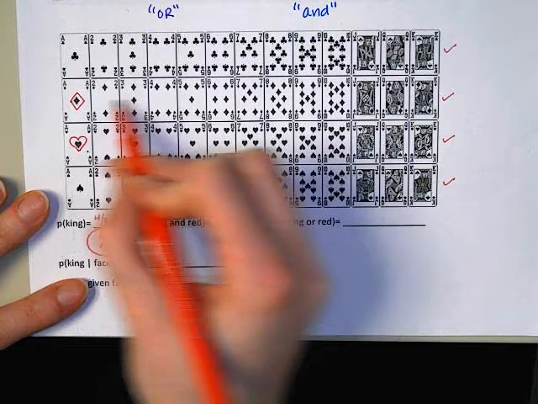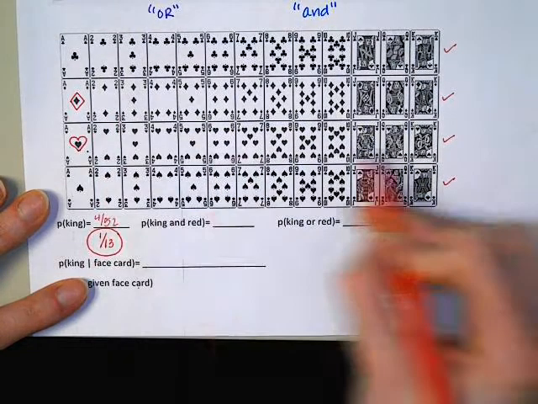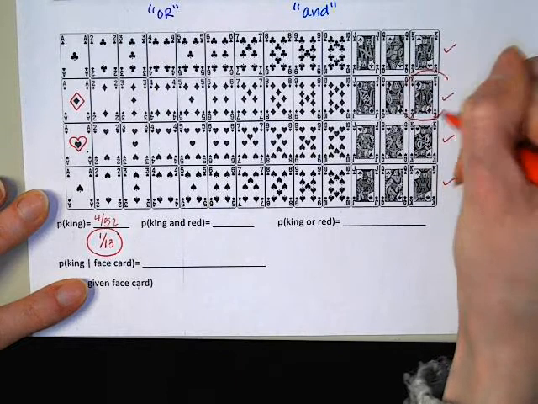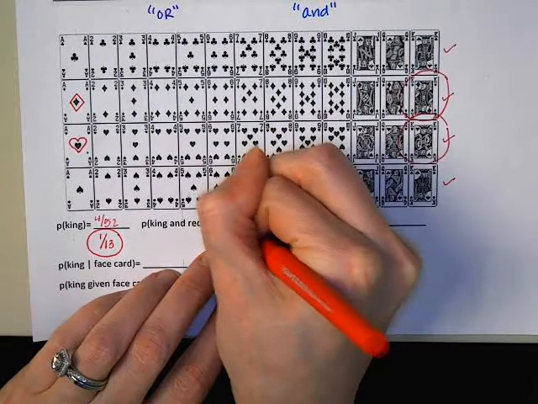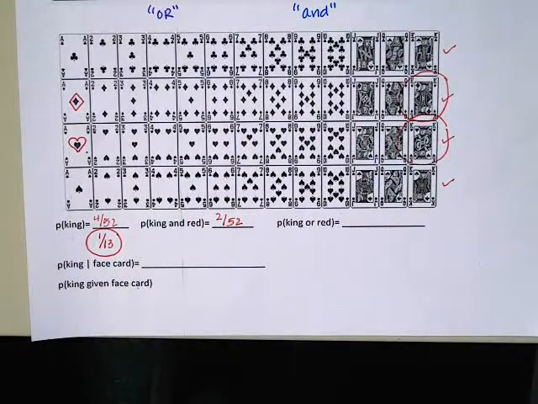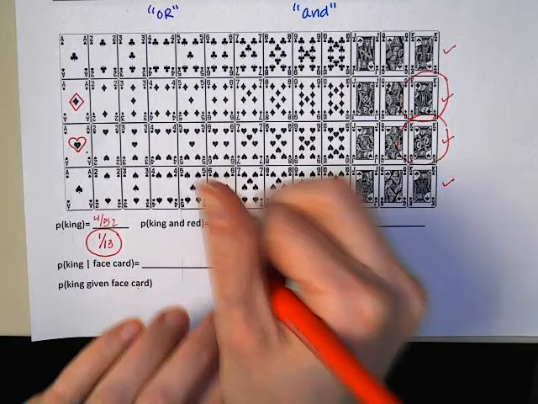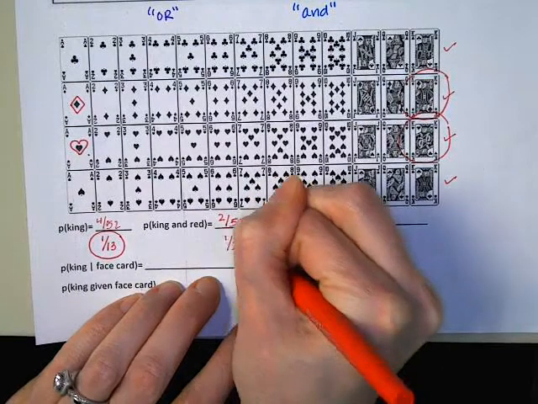So therefore, this whole row is red and this whole row is red. So there's only 2 red kings out of all 52. So this would be 2 out of 52, which reduces to 1 out of 26.